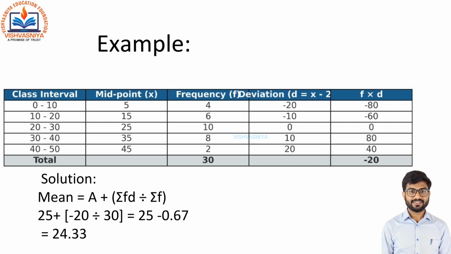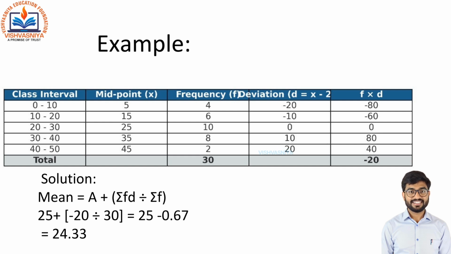For class 20 to 30, deviation is 0. Multiply with frequency 10 gives 0. For class 30 to 40, deviation is 10. Multiply with frequency 8 gives 80. For class 40 to 50, deviation is 20. Multiply with frequency 2 gives 40.